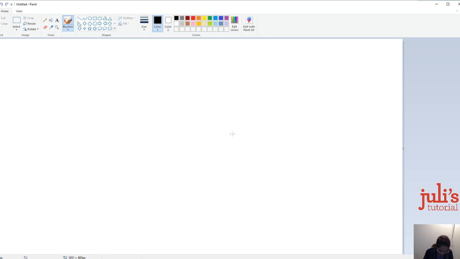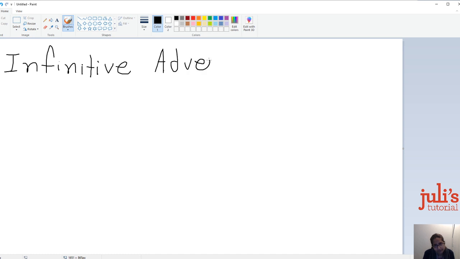All right. And then the last one we are going to do is infinitive adverb. Basically, it's working as an adverb. What's an adverb?